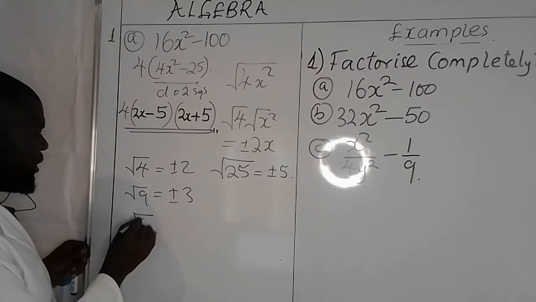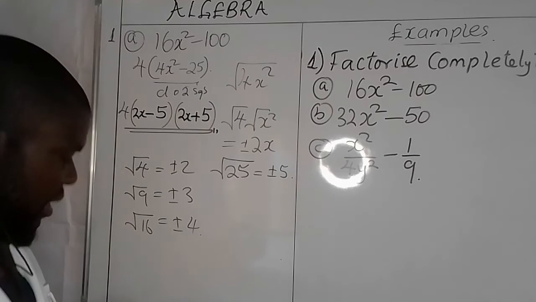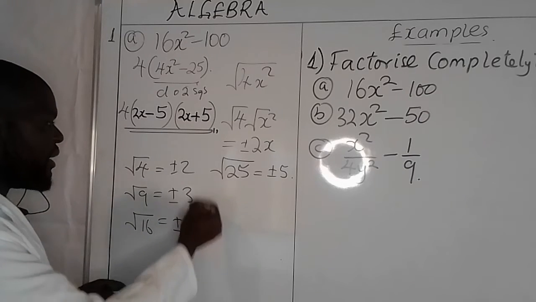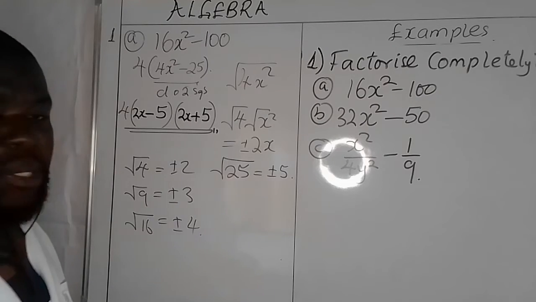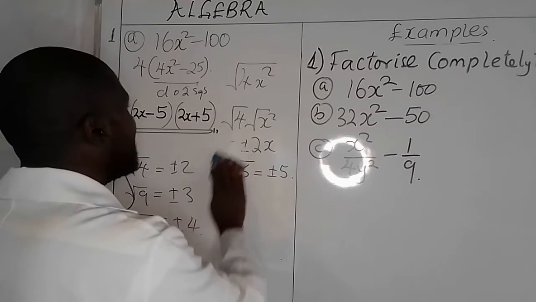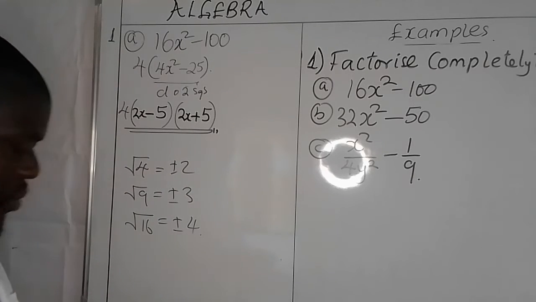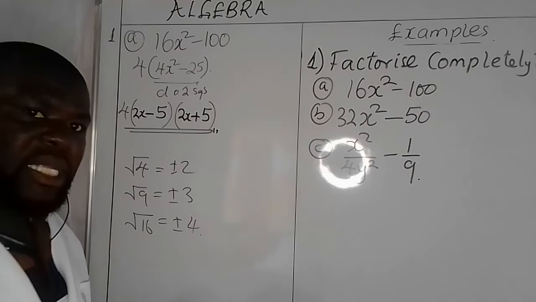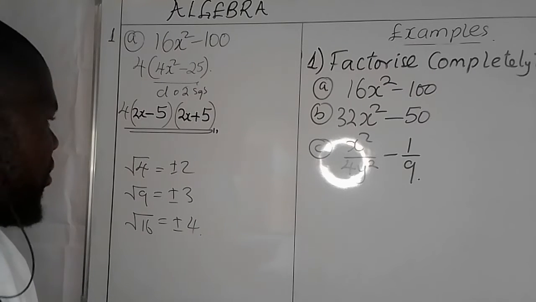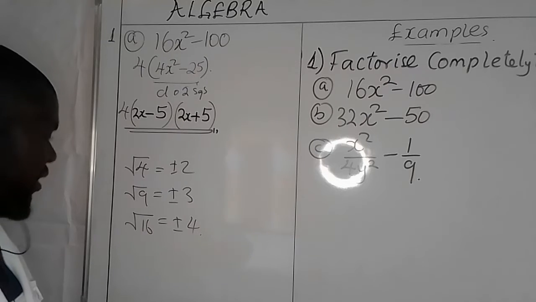The square root of 16 is plus or minus 4. These square roots are not decimals. So once you find the square root of a number and get a number with no decimals, then that number is a perfect square.